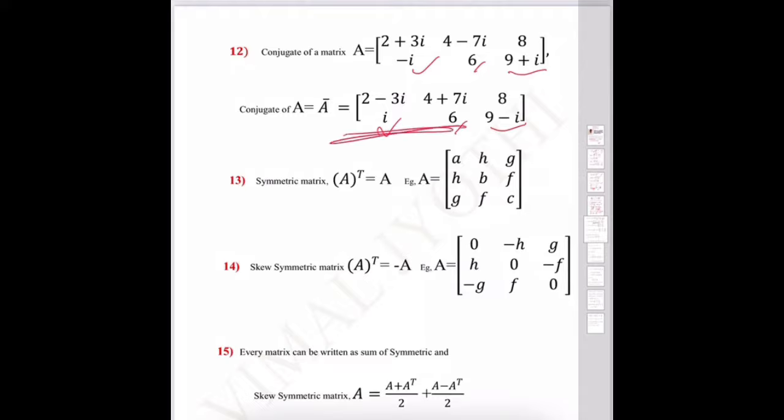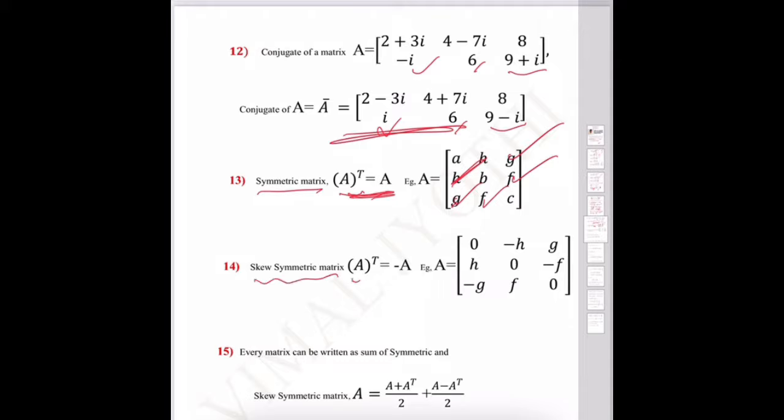Then symmetric matrix. A transpose equal to A, then A is said to be symmetric. That is, these two are equal, and these two are equal. Then we say that A is symmetric. Next, skew symmetric matrix.